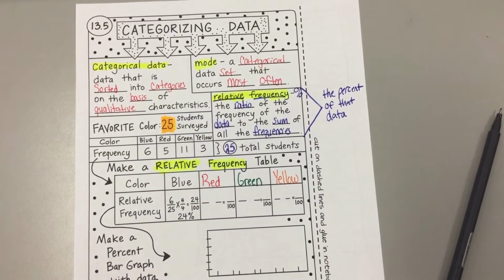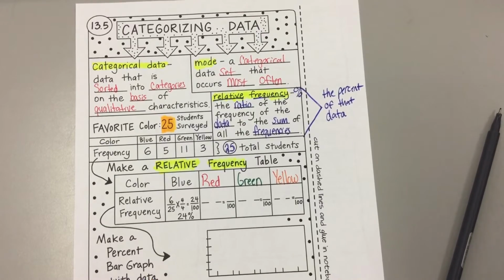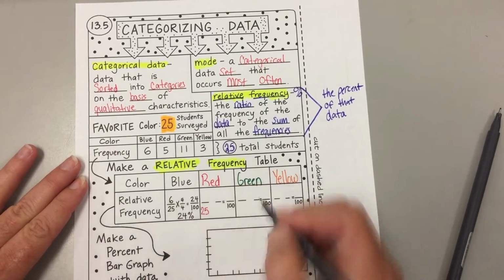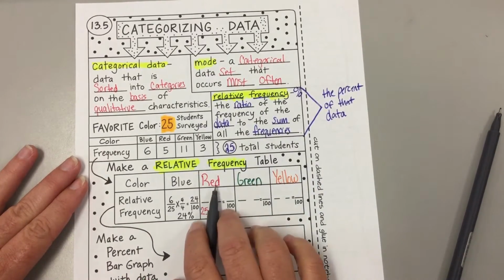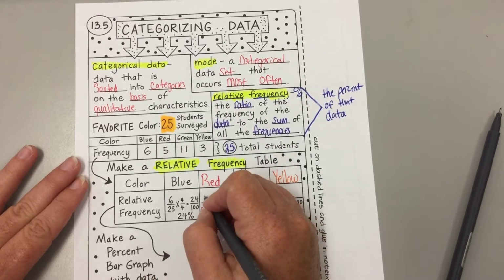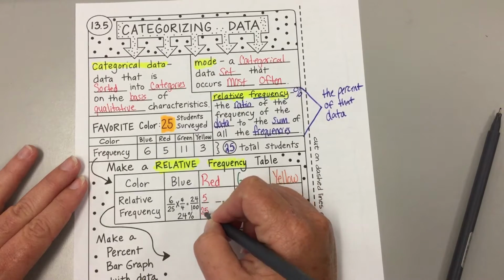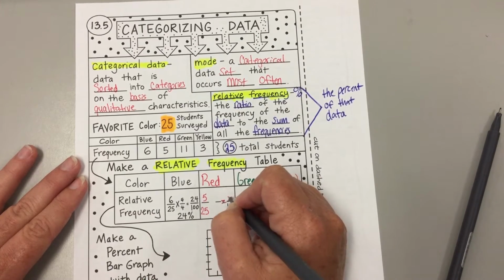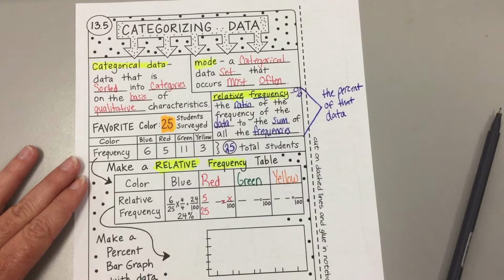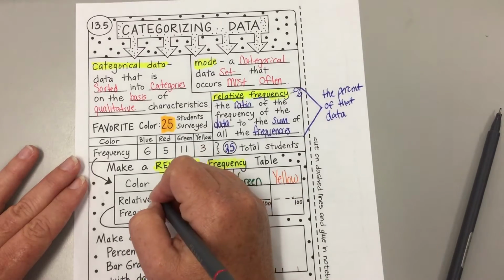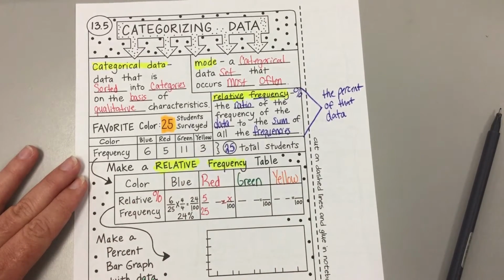So for the relative frequency, this is where I'm going to be using my proportion. How many total students? 25, so that's going to be my denominator. How many chose red? It's going to be 5 over 25 is equal to x over 100. Because 5 out of 25 in relative frequency always needs to be a percent.